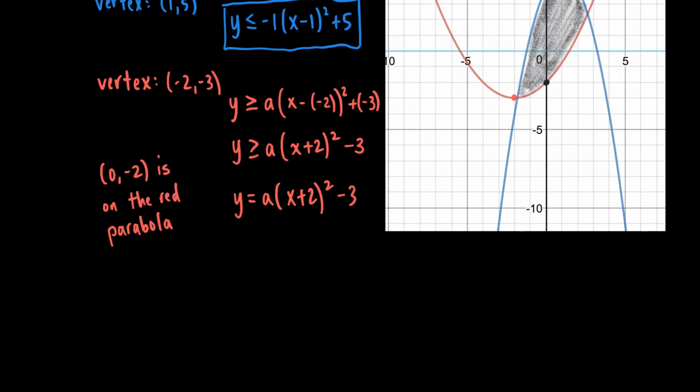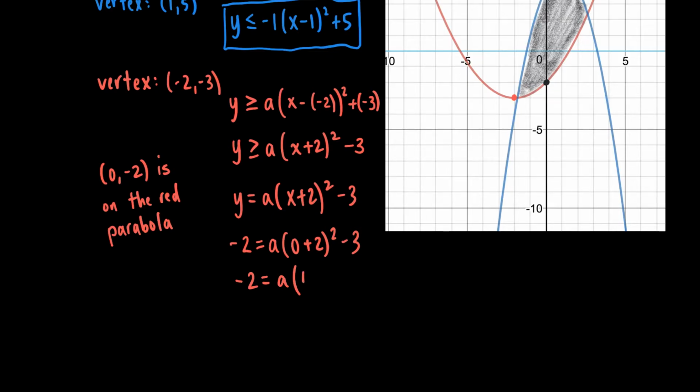Okay, so y, which is -2, is going to be equal to a times x, which is 0. So all I did here was fill in the x value as 0 and the y value as -2. So now I'm going to solve for a, and then we'll get back to our answer. Okay, so this is going to be -2 is equal to a times, okay, 0 plus 2 is 2.